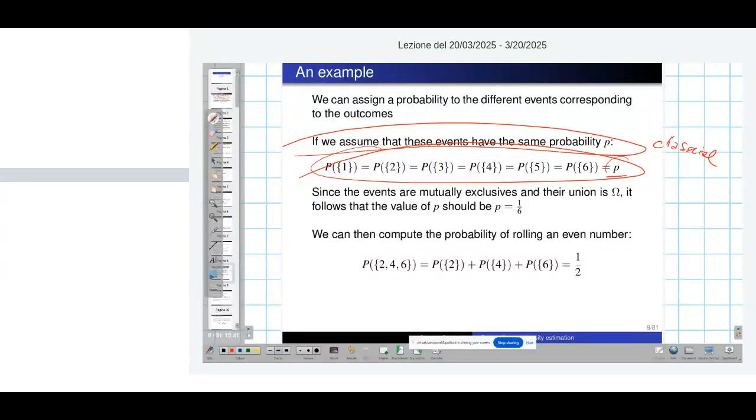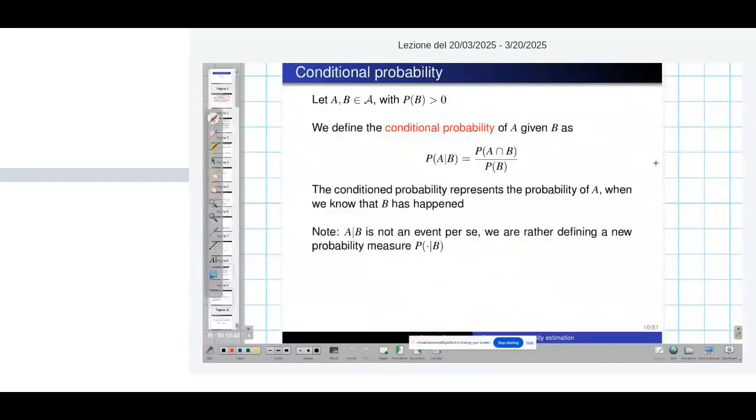Combining the axioms, we end up with 1 out of 6. With the same assumption, we can conclude that the probability of an even number is 1 over 2, because we decided to assign the same probability to all the values.